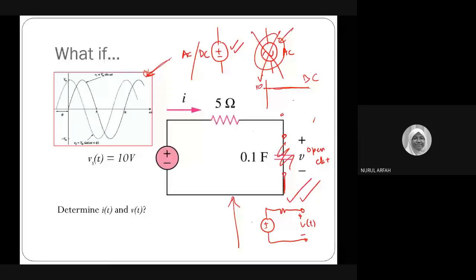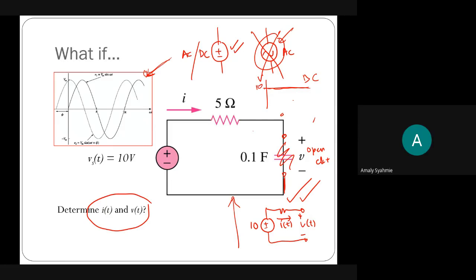Because the question asks you to determine IT and VT. What is I here and what is V here? You know that the current for an open circuit is equal to 0.